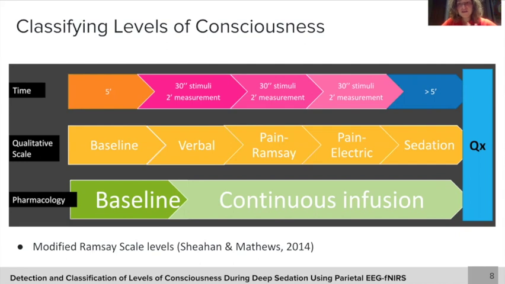Here we will separate the different levels of consciousness we wish to classify using this modified Ramsay scale, which differentiates the levels of consciousness by the different behaviors and responses the person has. A first level would be a loss of verbal command response. Another one would be the loss of response to pain, and the final one would be a loss of response to electric pain. And then the patient, using other physiological measurements, is assumed to have lost consciousness. So this is what we will use for our classification.